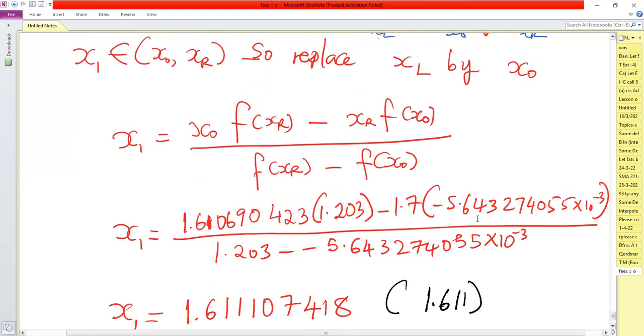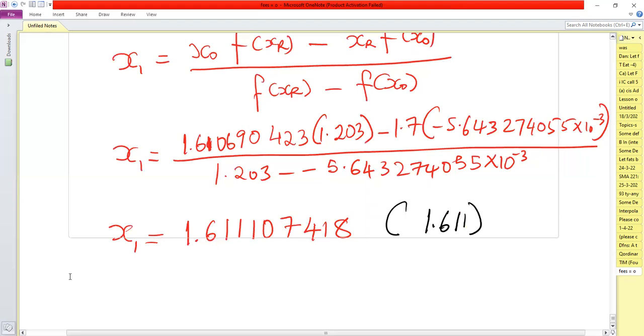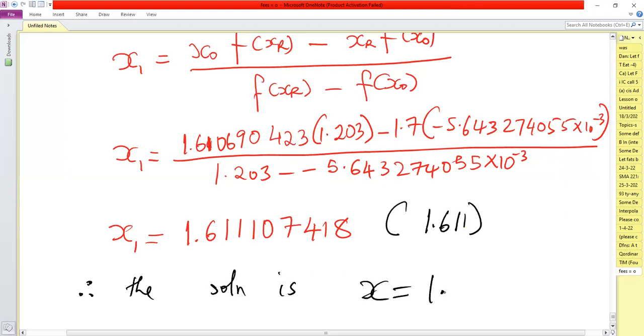And the previous one, expressed to four significant figures, is also 1.611. Because X0 and X1 have the same values, therefore the solution is x equals 1.611 to four significant figures.